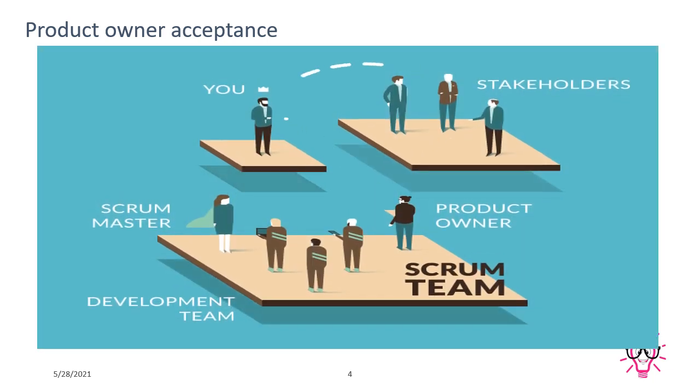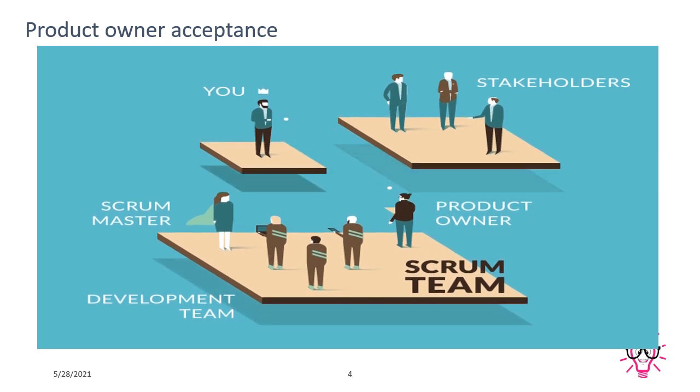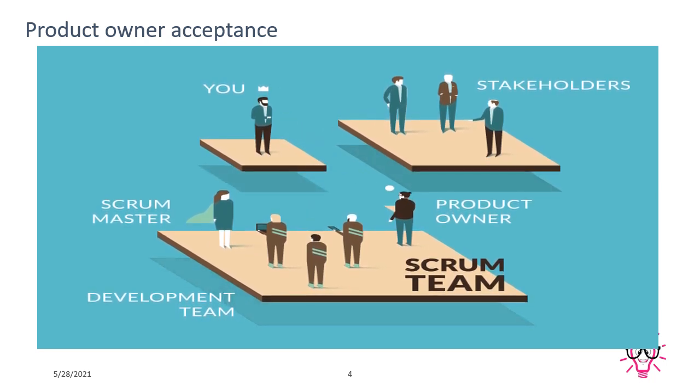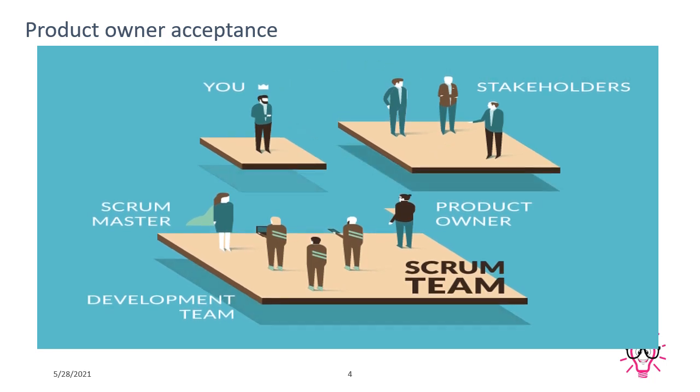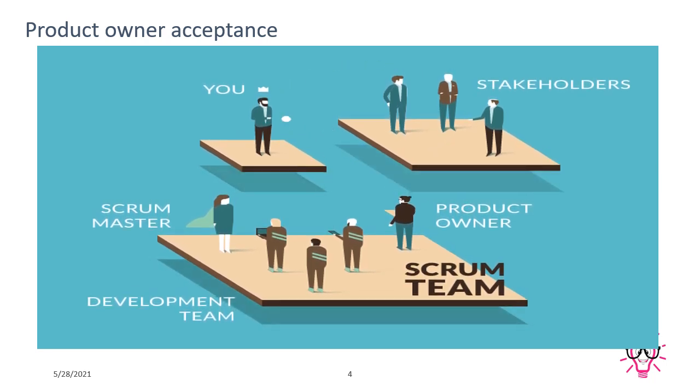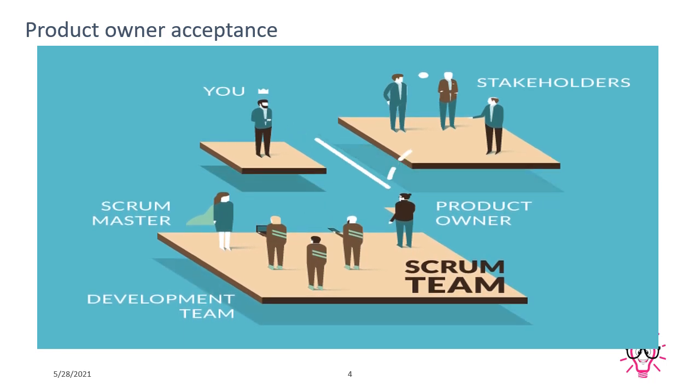Now what is the product owner's acceptance criteria? Guys, this is very simple. When the product owner receives any requirement which comes from the client, if I am the client and I am communicating with my product owner, and I am giving some requirement, directly or indirectly I am setting some expectations, guys. If I am openly communicating my expectations with my product owner, that is really good, because it's easy for the product owner to understand.